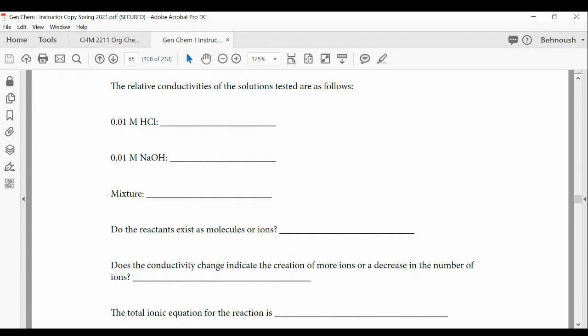Is HCl, hydrochloric acid, an electrolyte? In general, the reactants are electrolytes. What about the products, sodium chloride and water? Will it be an electrolyte or non-electrolyte?